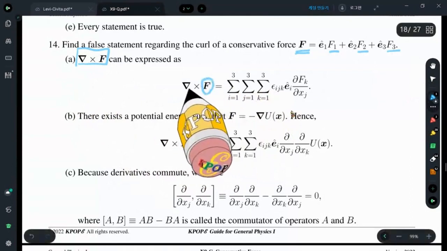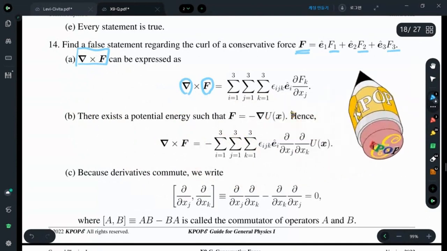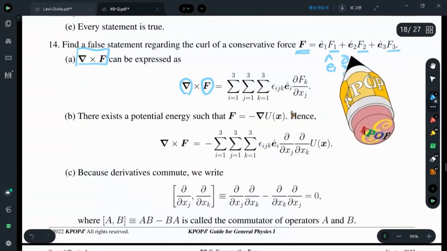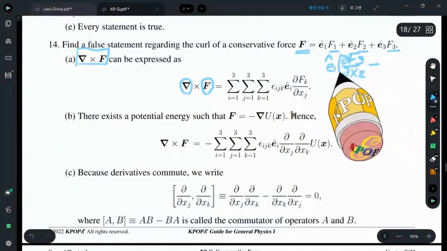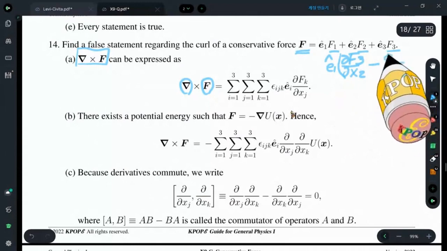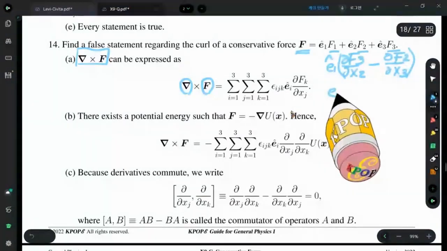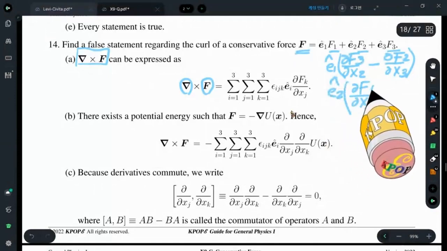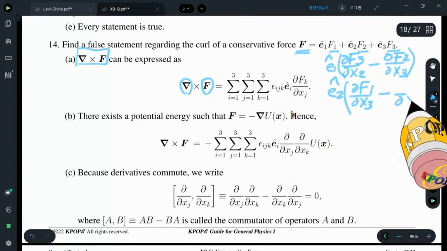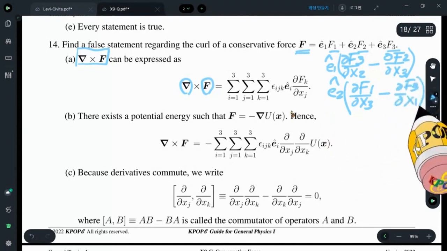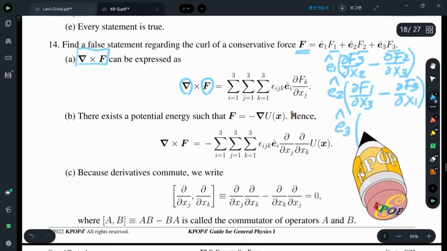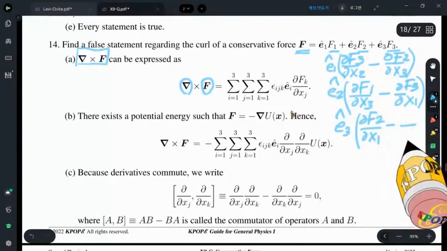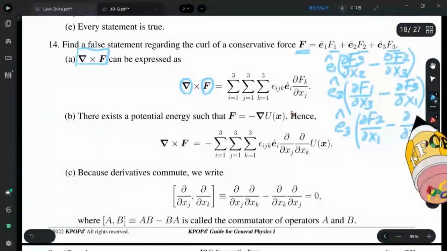We have the curl of F, that is e1 hat times (2, 3 minus 3, 2), e2 hat times (3, 1 minus 1, 3), e3 hat times (3, 1, 2 minus 2, 1).